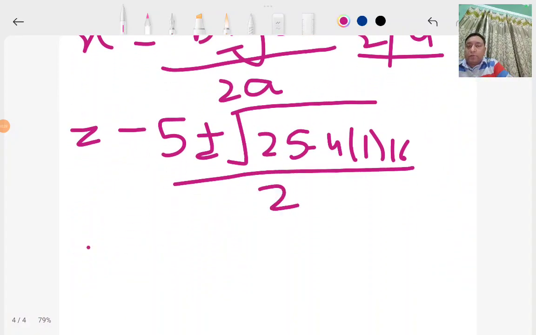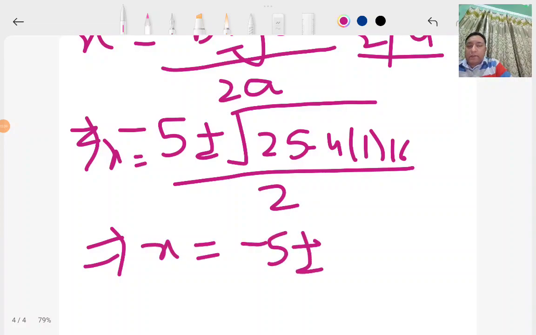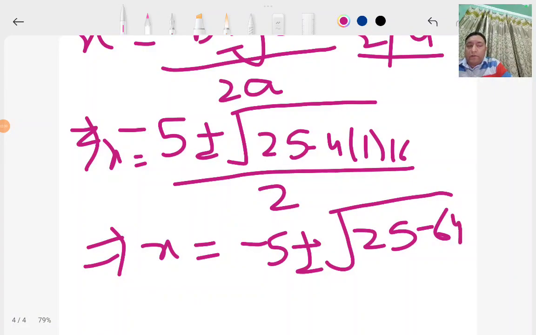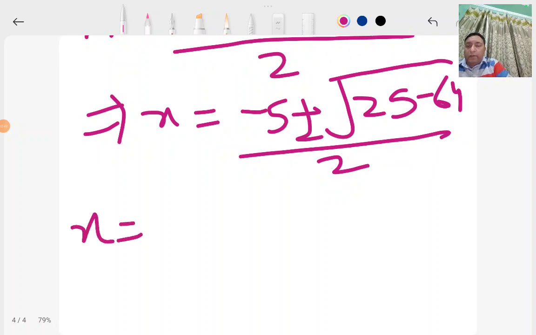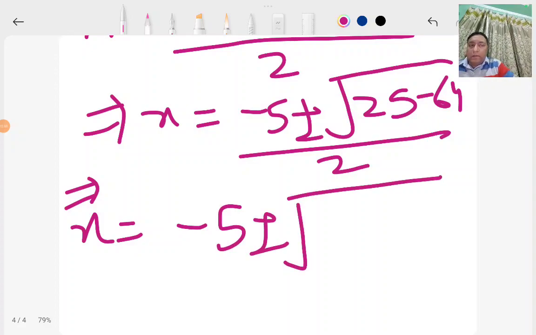So x is minus 5 plus minus the square root of 25 minus 64. What are you going to get? We are going to find imaginary roots with this. Minus 5 plus minus, the negative answer will be there.